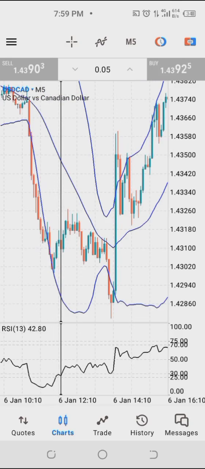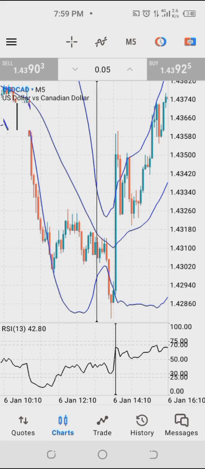Now, if you remember something, I said that you must not enter the trade until your M5 RSI touches the level 50. So can you see how we were able to filter out this signal? The problem with most of us is that we are not patient.